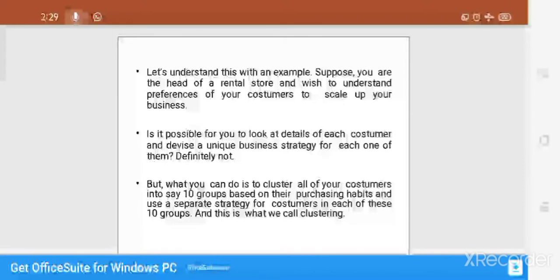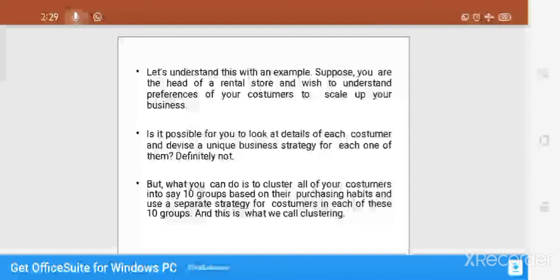We can understand this with an example. Suppose you are the head of a rental store and wish to understand the performances of your customers to scale up your business. Is it possible for you to look at the details of each customer and devise a unique business strategy for each one of them? No, definitely not.